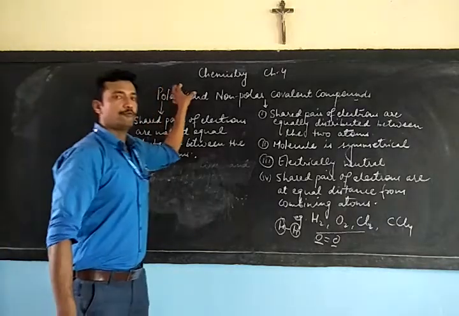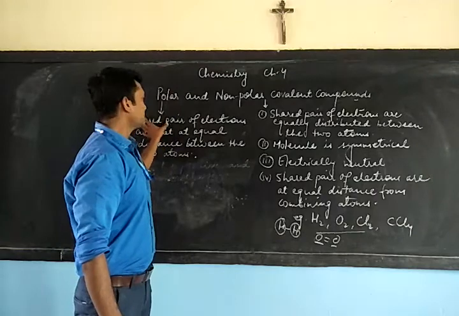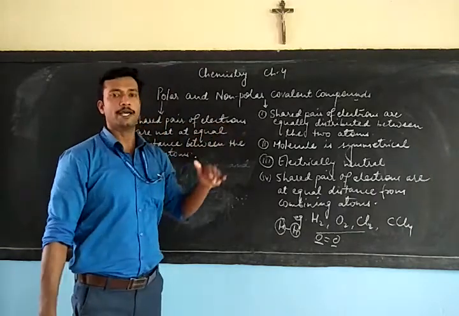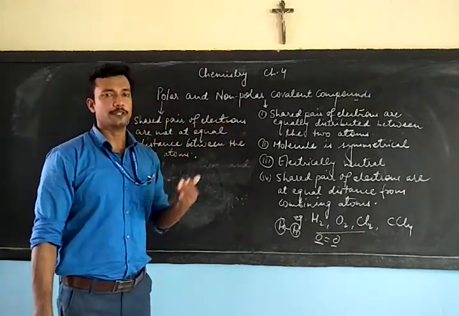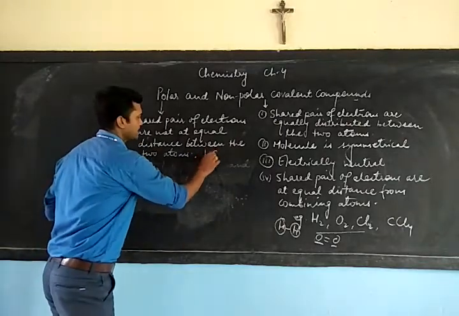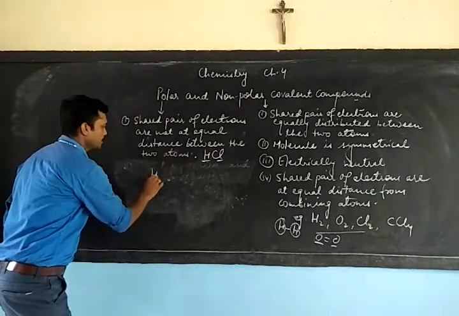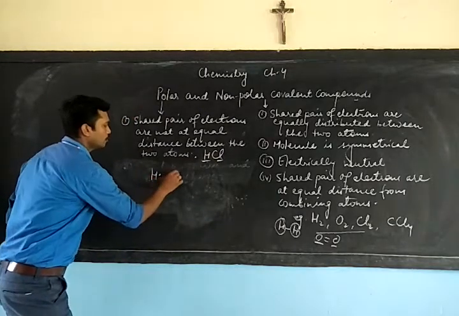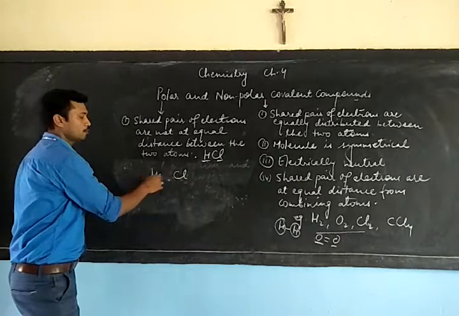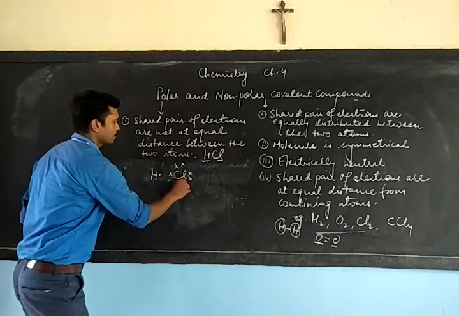So we can first see the polar covalent compound, where I told you that the shared pair of electrons will not lie at the same distance between the two atoms, and the example I told you is HCl. Hydrogen, you know, has 1 valence electron and chlorine has 7 valence electrons.